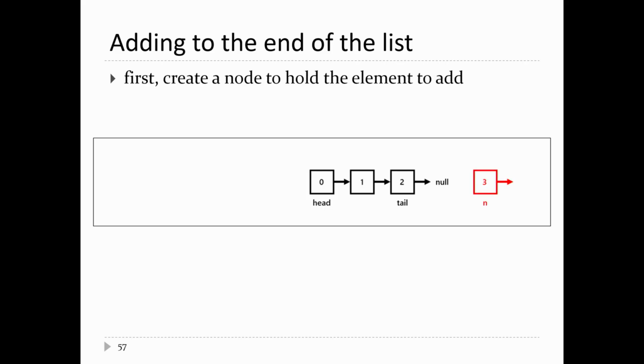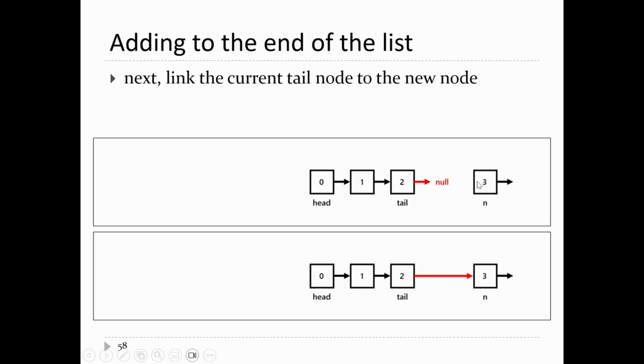To add something to the end of the list, you just make a new node. So there's my new node n. I set the element in the node to whatever element we're going to add. In this case, I'm adding a 3. Now I need to hook that 3 up to the 2, so I write tail.next = n, like that. That now joins our new node to the end of the list.